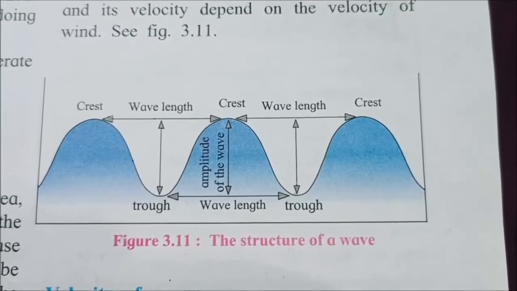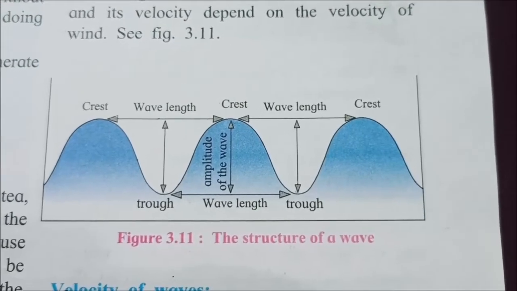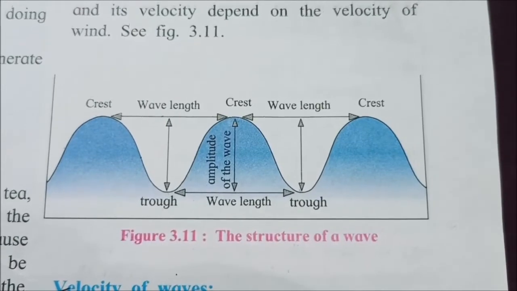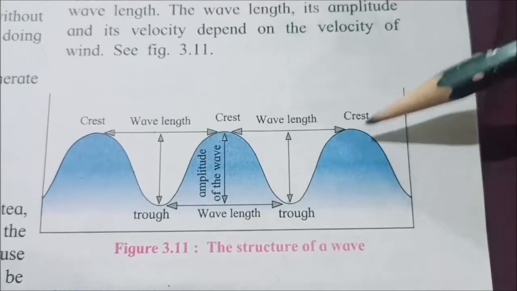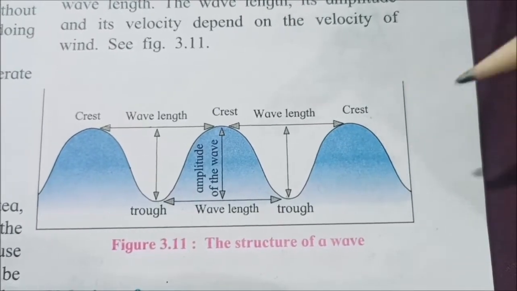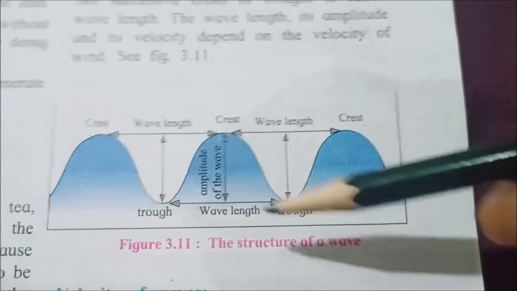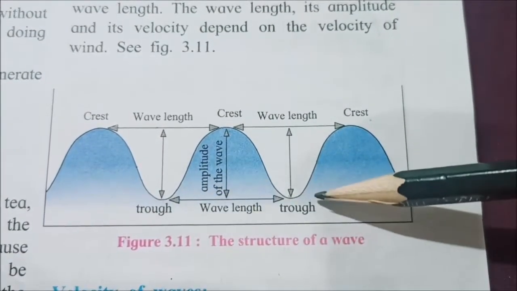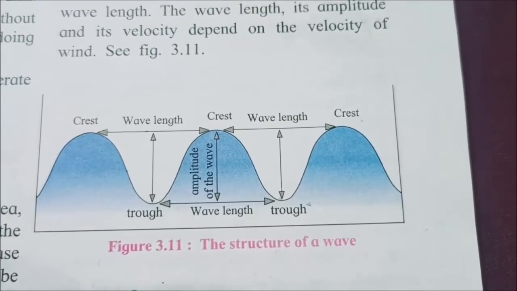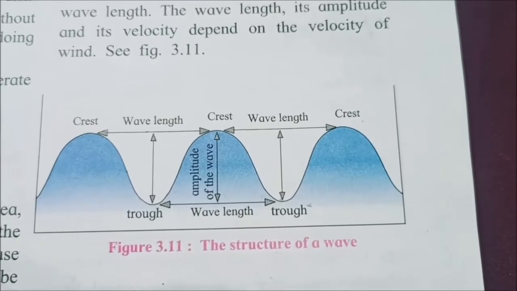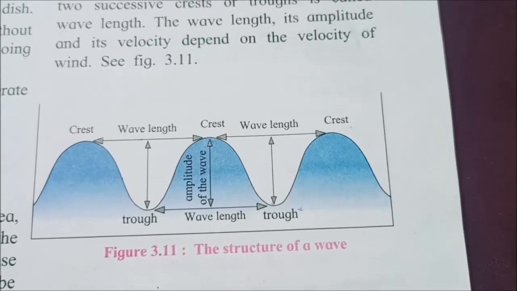Here you can see the structure of a wave. The raised up portion of a wave is called the crest. You can see here the raised up portions, crests. The depressed portion is called the trough. The vertical distance between a crest and a following trough is called the amplitude.